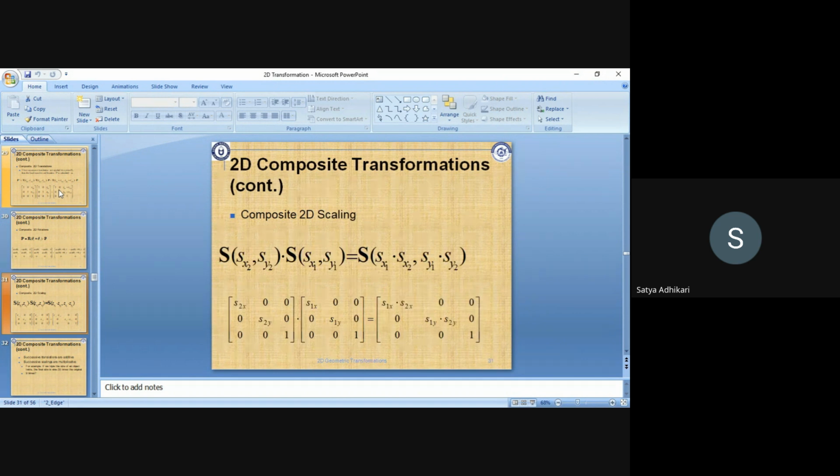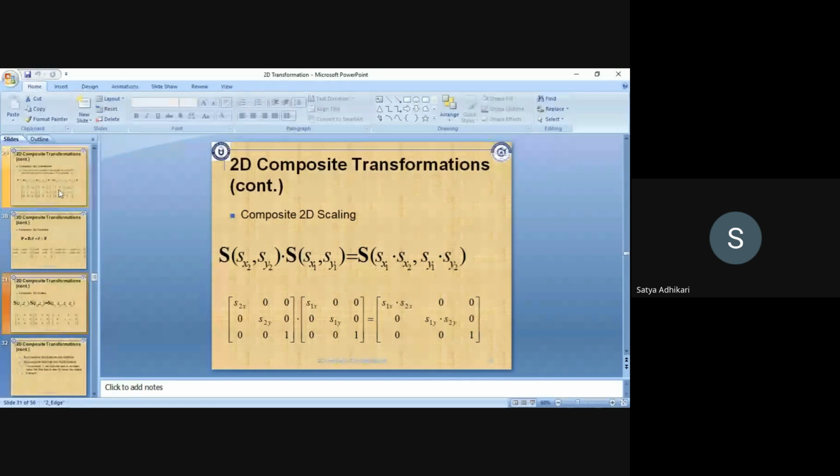Similarly, the same thing is applied to scaling. You see, suppose I first want to scale with sx1 and sy1 as the scaling factors, and then we have to again apply scaling factors sx2 and sy2.